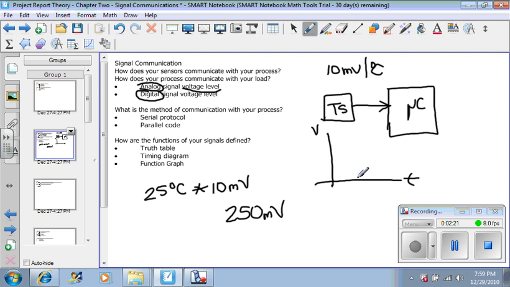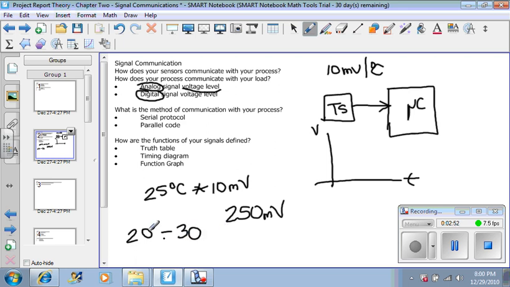Now, sometimes the temperature may come down, which means the voltage will come down, and the temperature may go up, and the voltage will go up. Now, my system is dealing with temperature in a home. So I can expect temperatures between perhaps 20 degrees and at maximum 30 degrees.